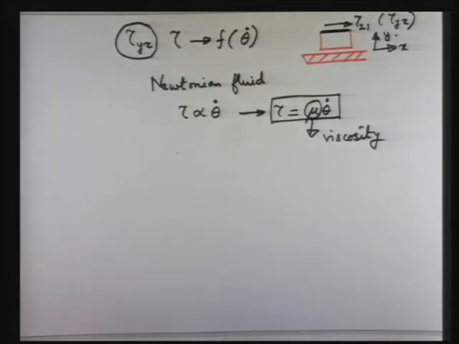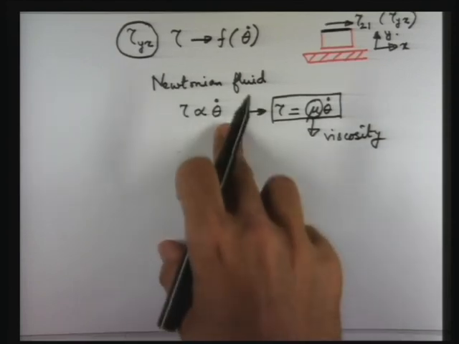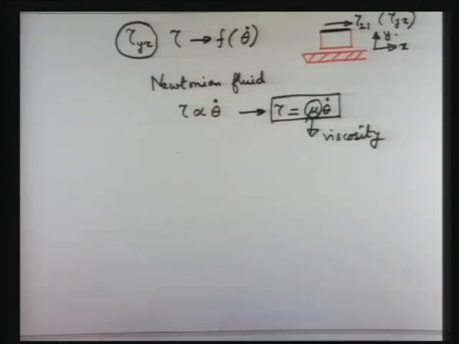First of all, viscosity of a fluid is defined only for a Newtonian fluid. This is known as Newton's law of viscosity. For a fluid which doesn't obey Newton's law of viscosity, we cannot define viscosity, we can only define a parameter which is viscosity-like, that is called apparent viscosity, but that is not the true viscosity.